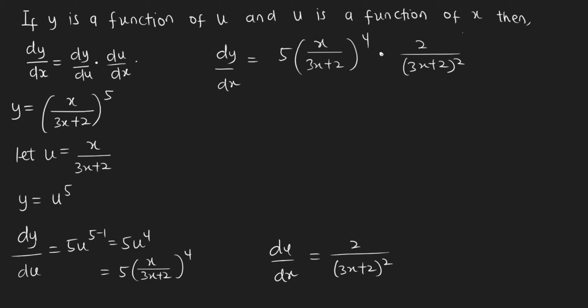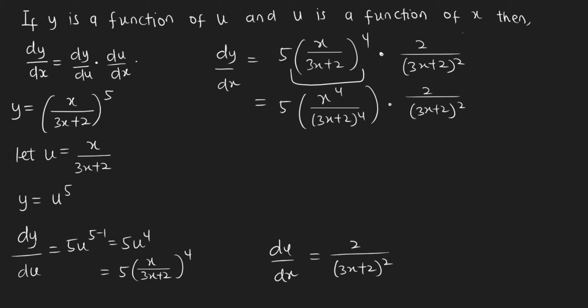Now let's simplify this here. Let's square these brackets first. When I square these brackets, you're going to have 5 multiplying x to the power 4 divided by 3x plus 2 to the power 4, times 2 divided by 3x plus 2 squared.